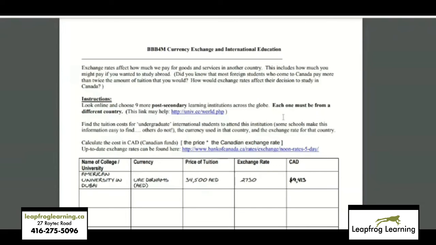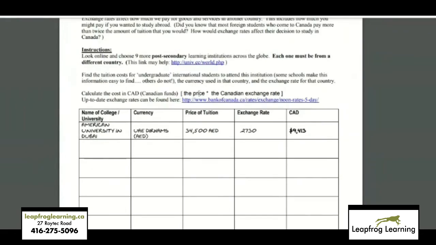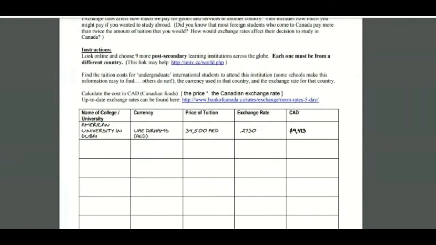So here's your job. I showed you how to convert funds. If you click on this link, it has up-to-date exchange rates. Other things you can do is there are online apps that are currency converters. Google has a currency converter, and it will do it automatically for you.